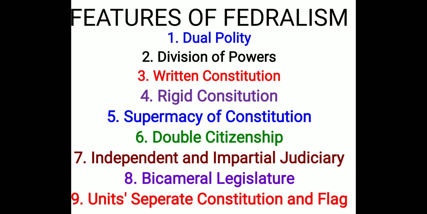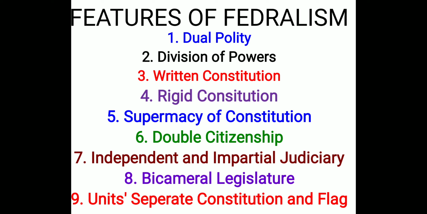There are many features of federalism. फेडरलिज्म की कई सारी विशेषताएं होती हैं, in which one is dual polity, second is division of powers, then written constitution, then rigid constitution, supremacy of the constitution, double citizenship, independent and impartial judiciary, bicameral legislature, units have separate constitution and flag, units have right to secede from the union, etc. Of these features, we will discuss one by one.